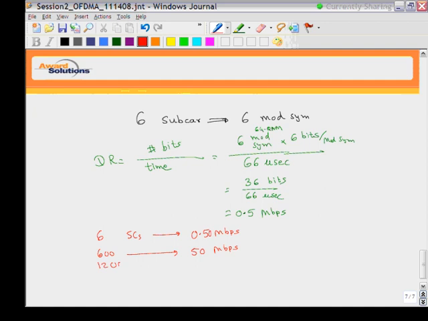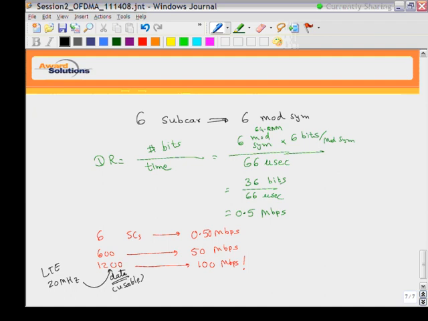And if I have 1200 subcarriers, double that number, 100 megabits per second. In LTE, when we have 20 megahertz spectrum, inside that we will have 1200 subcarriers that can carry data. So those are the usable data subcarriers.